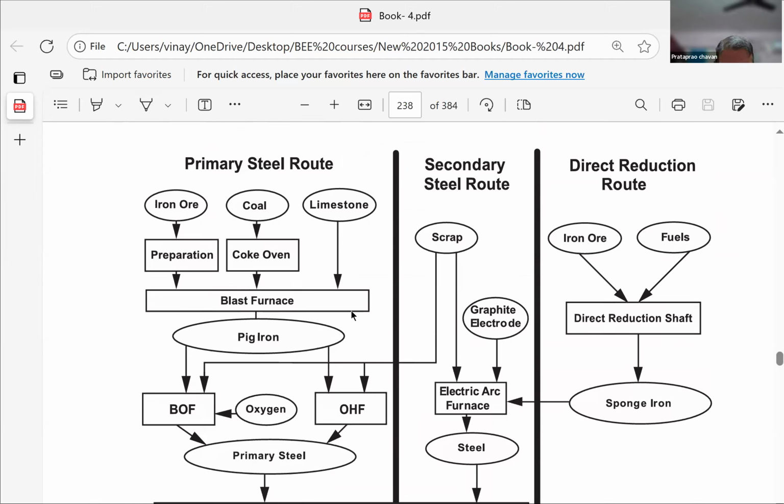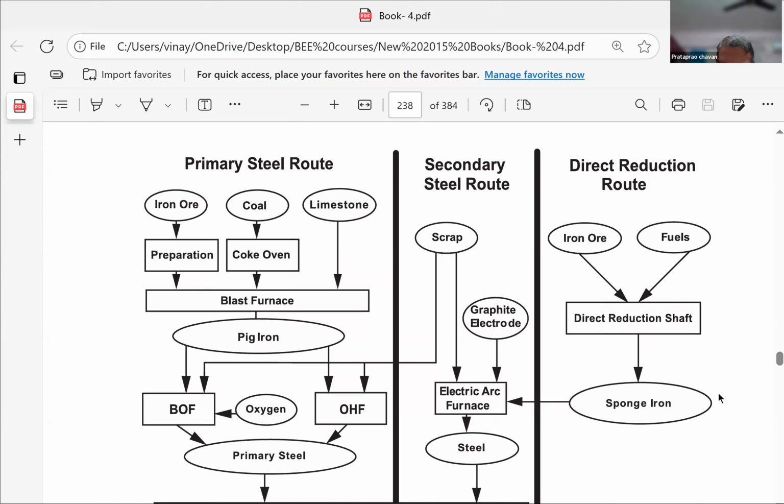The iron ore, albeit, has to go through a preparation method. The prepared iron ore goes along with the fuels. The fuels used here are again carbon rich, and an anaerobic process takes place here. Reduction of other elements is taken out and it is converted into sponge iron.